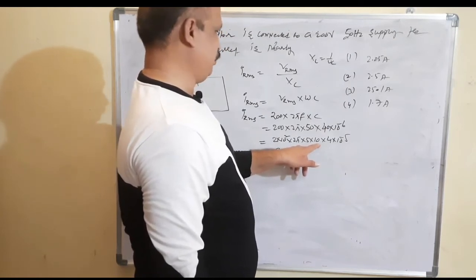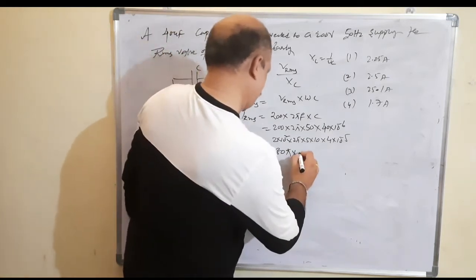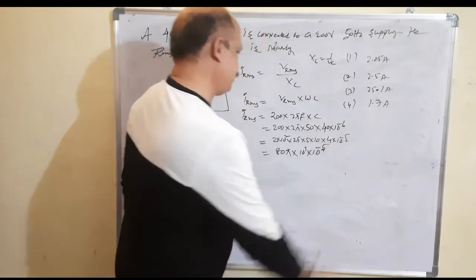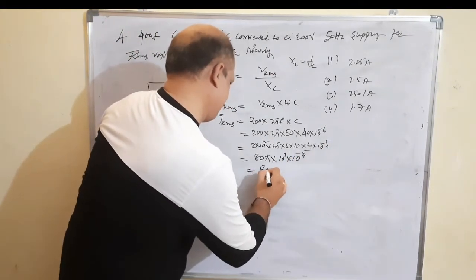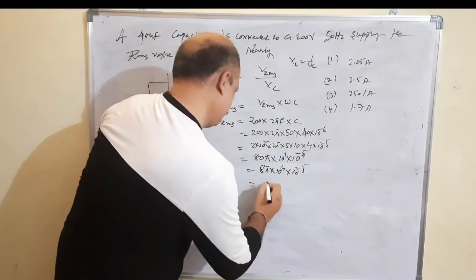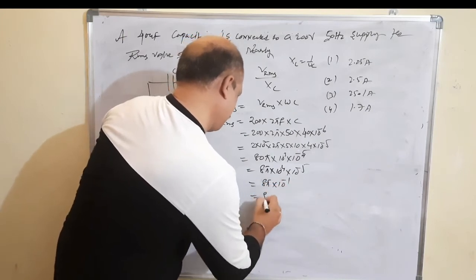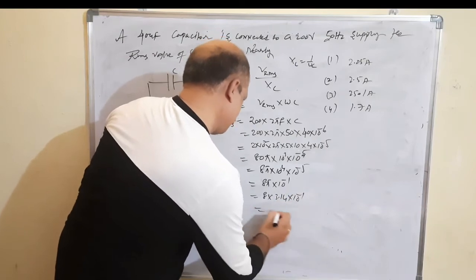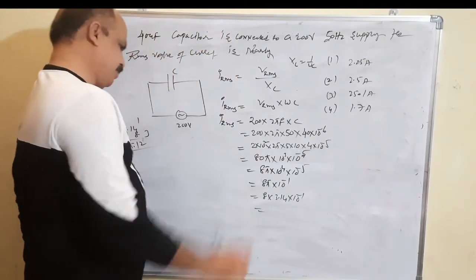That means 10 cube. So 10 cube into 10 to the power of minus 5. So 8 pi into 10 to the power of 4 into 10 to the power of minus 5. So 8 pi into 10 to the power of minus 1. 8 into pi means 8 into 3.14, so here 25.12.